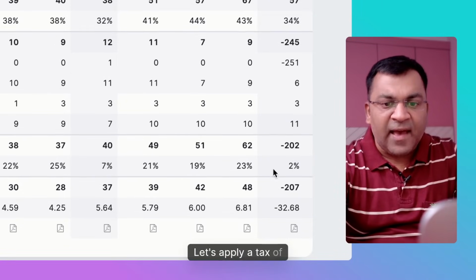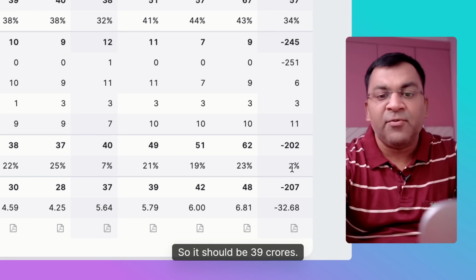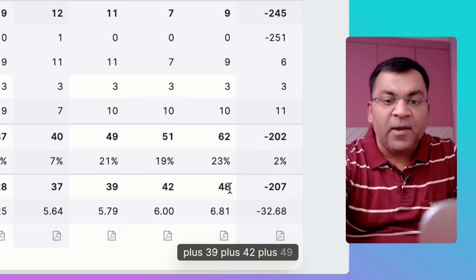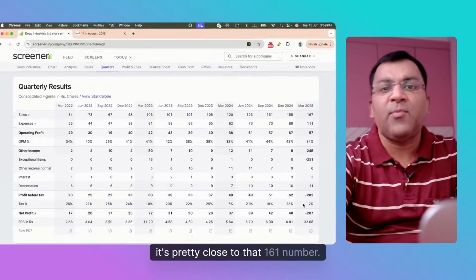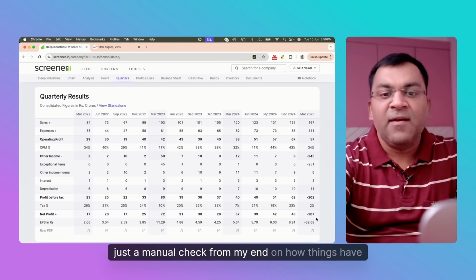Let's apply a tax of, let's say 20%. Let's knock off 10 crores from here. So it should be 39 crores, right? So 39 plus 39 plus 42 plus 49 comes to 160 something. So yeah, it's pretty close to that 161 number, and that's just a manual check from my end on how things have worked out.